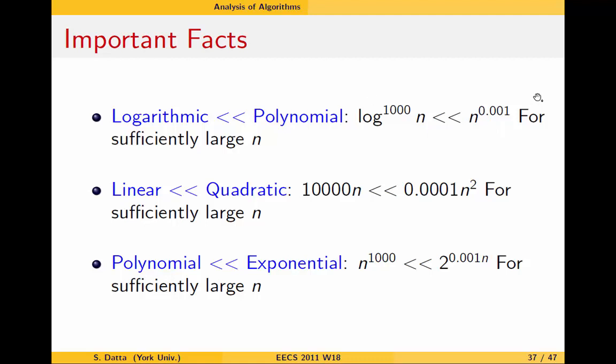This is still smaller. Not for small n. For small n, log to the 1000 n will be much, much bigger than n to the 0.0001. But eventually, so for sufficiently large n. Similarly, you can take a linear term and multiply it with a relatively large constant. You can take a quadratic term, multiply it with a relatively small constant. Still, the linear is going to be less than quadratic. And similarly with polynomial and exponential. I'll stop here.